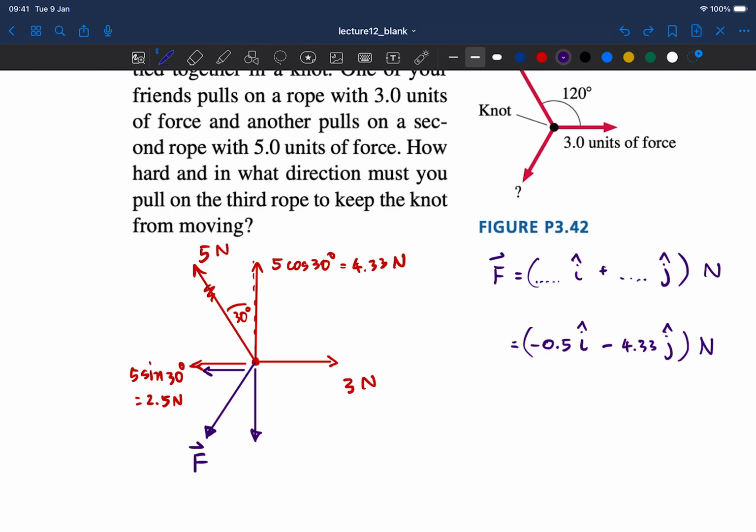In principle, this is already a perfectly fine answer, but if you want to find the magnitude of the force, you have to calculate by taking the square root of 0.5 squared plus 4.33 squared, which is 4.36 newtons.